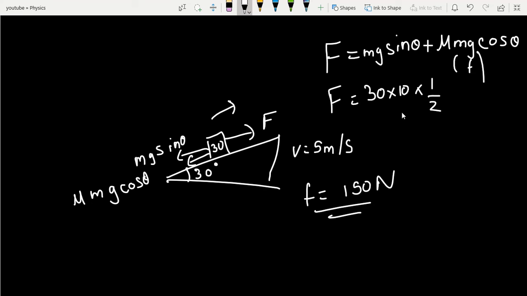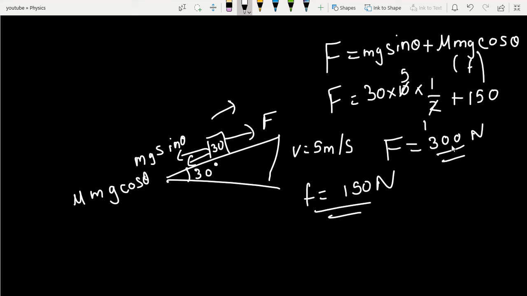So the friction value in the question is given as 150 newton. Now if we calculate this, the force which would be required would be 300 newton. So the force required to move the body up is going to be 300 newton.